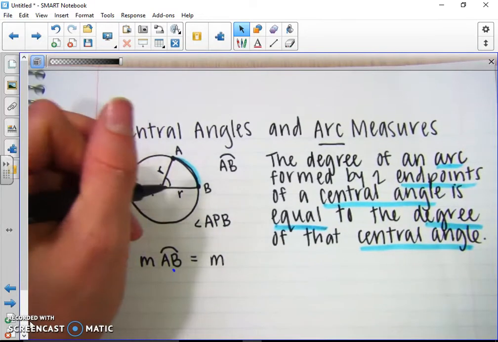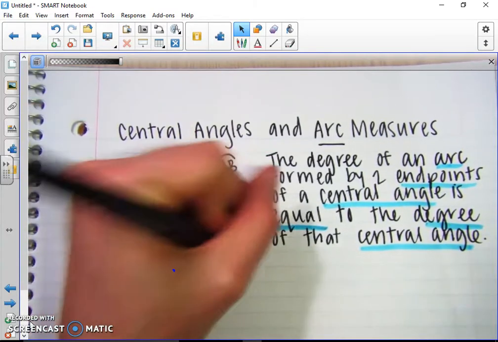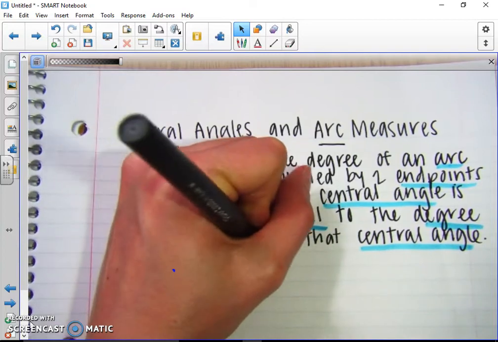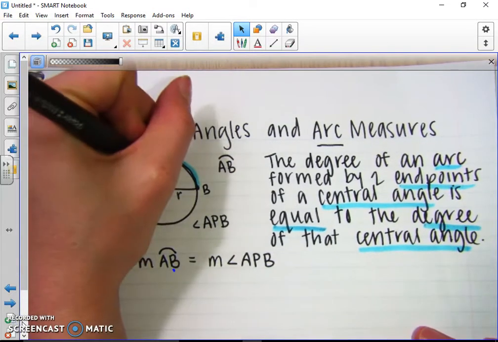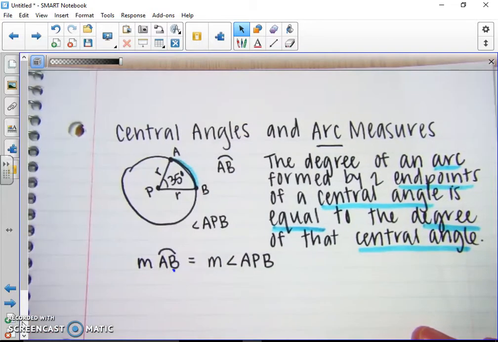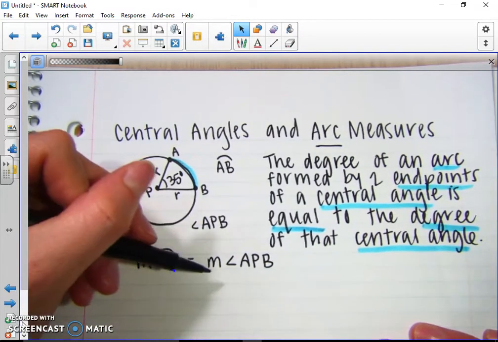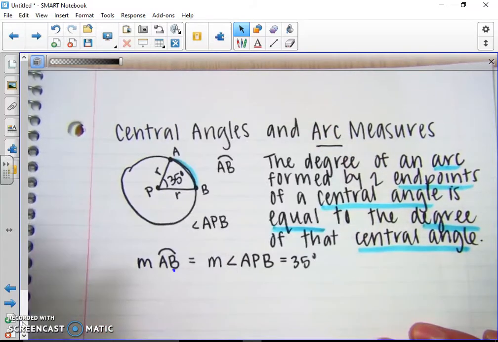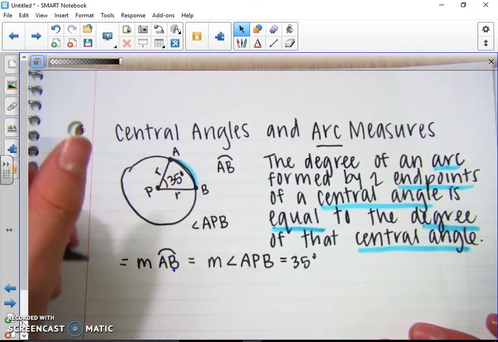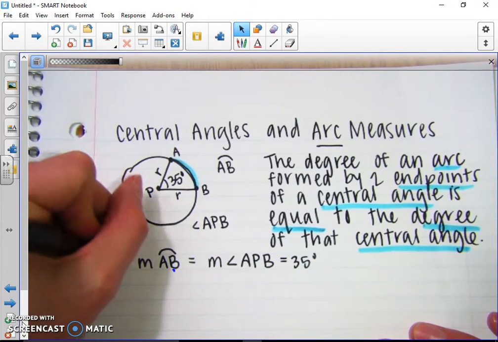We said that the angle was APB, so it's the measure of angle APB. Let's say we knew that this was 35 degrees. That would mean that the measure of angle APB was 35 degrees. It would also mean that the measure of the arc AB was 35 degrees.